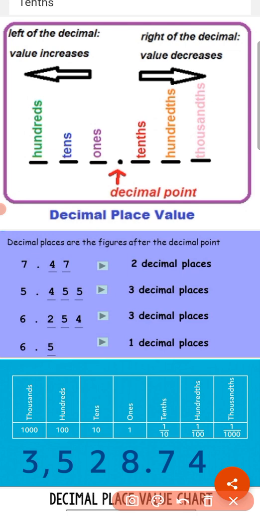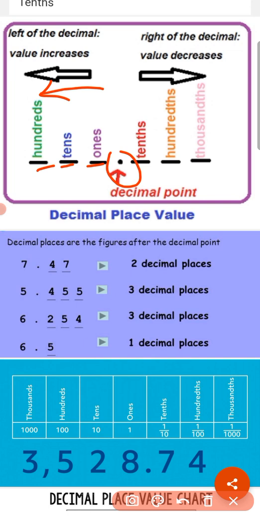Children, here, this is the decimal point. On the left side of the decimal point, the places are ones, tens, hundreds, thousands, and so on. These places have the greatest values.